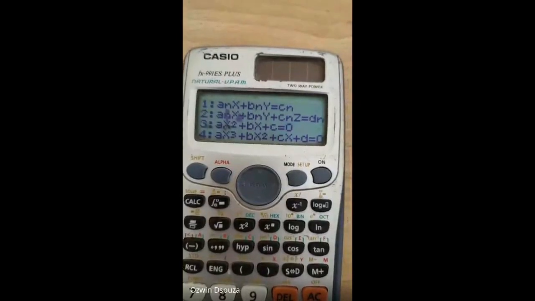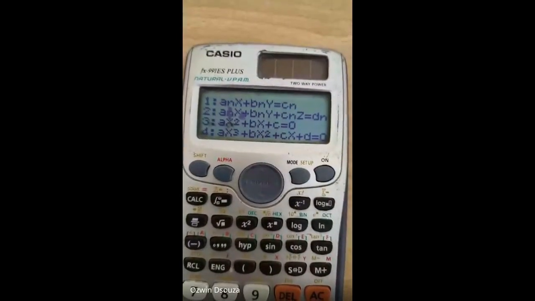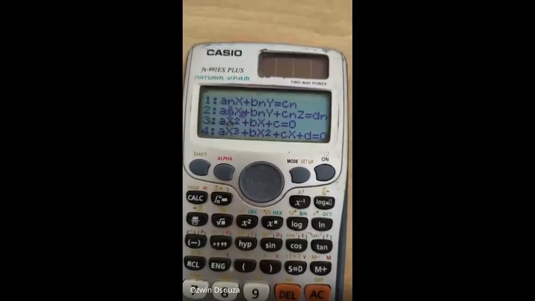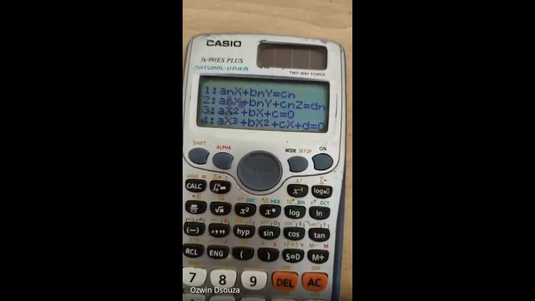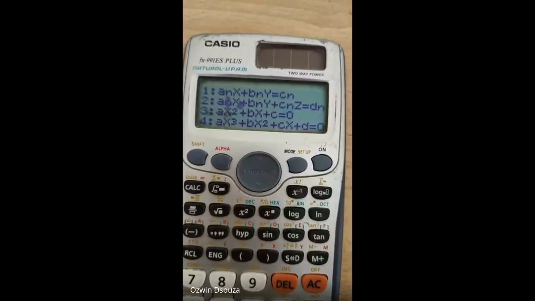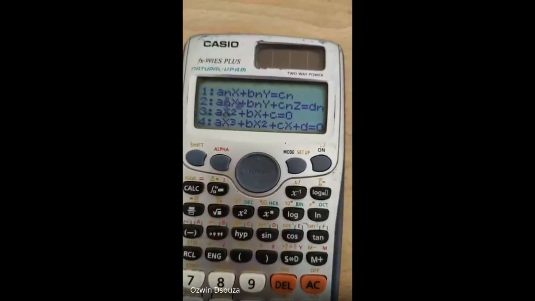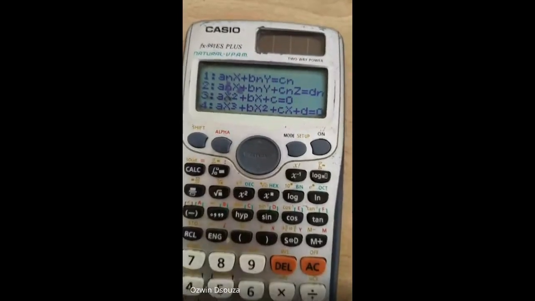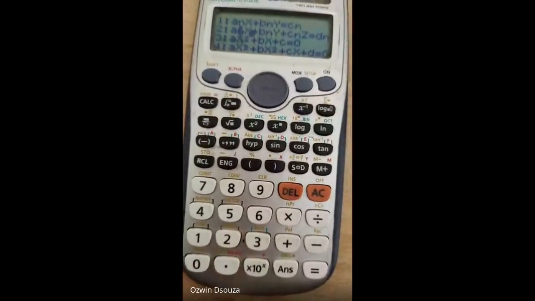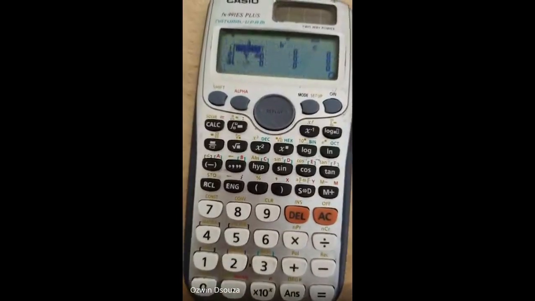So in selection 2, you have a 3 variable equation: ax plus by plus cz is equal to d. So do selection number 2.